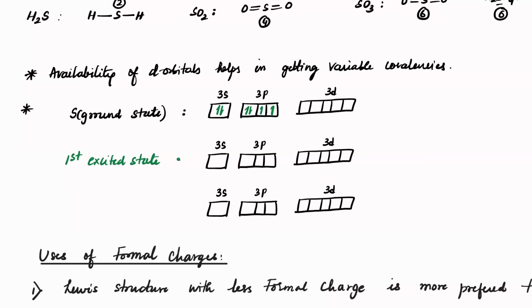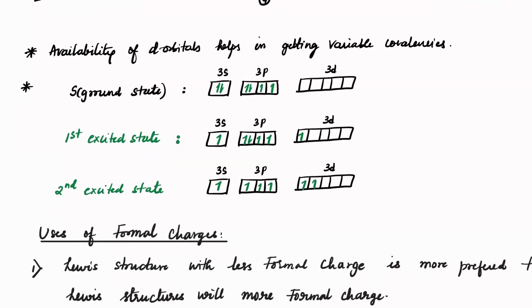In the first excited state, one of the electrons from 3s will reach out to 3d. Now it has expanded. Similarly, in the second excited state, one of the electrons from p will also reach out to 3d.